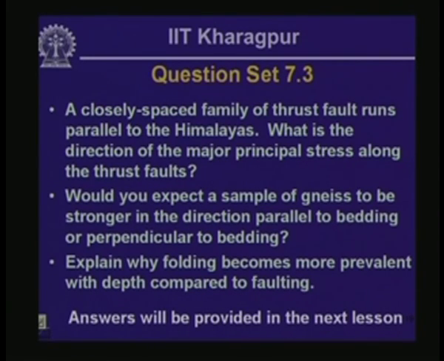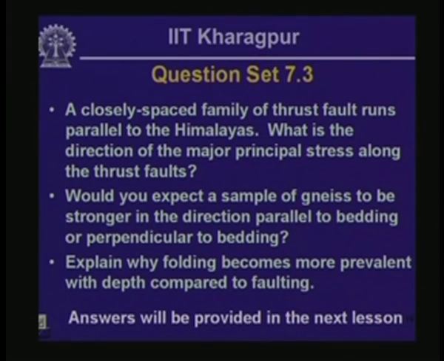The first question is: a closely spaced family of thrust faults runs parallel to the Himalayas. What is the direction of major principal stress along the thrust faults? The second question is: would you expect a sample of gneiss to be stronger in the direction parallel to the bedding or perpendicular to the bedding planes?